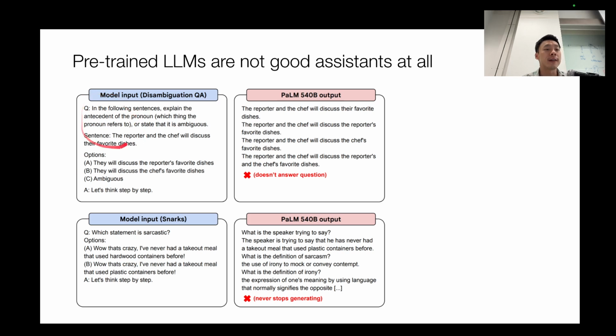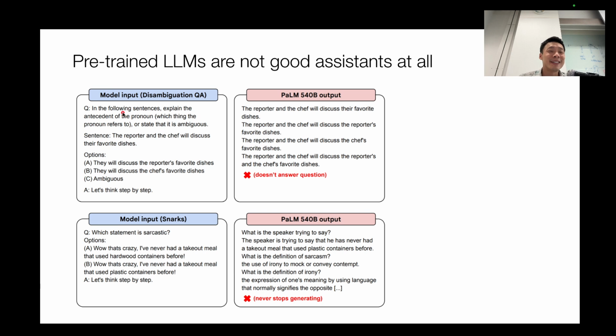Or if you give it a multiple choice question, it should know that it's a multiple choice question and give you the correct answer based on the question given to it. So if you give GPT-3, but in this case they use PaLM, which is like GPT but from Google. I think Gemini is based on PaLM, but I'm not sure because they don't tell you.